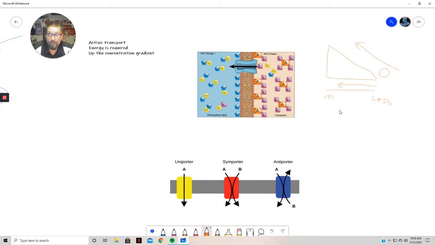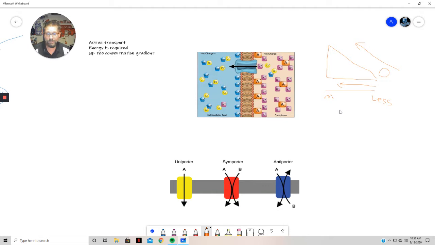And that's what we're going to be talking about today. Molecules that we already have in our cells, but we're bringing in more because we know we need them. We can't wait until we need them to try and go get them. It's too late. The cell needs the energy, and so it's already got it. So basically, we're stockpiling. We're hoarding. We're bringing stuff in that we already have a bunch of because the cell knows it's going to need it.